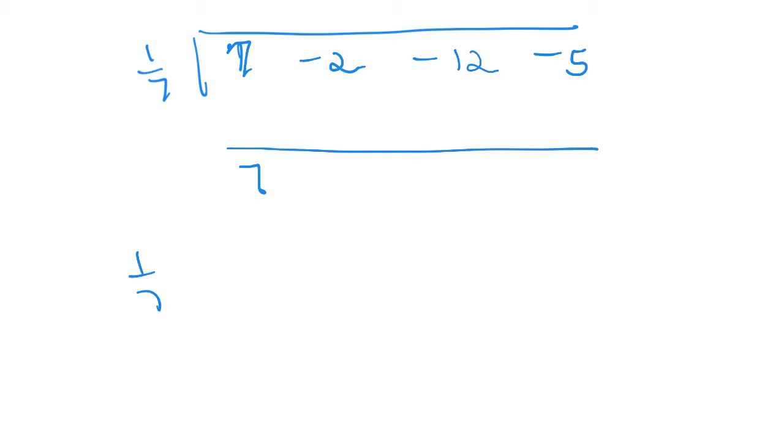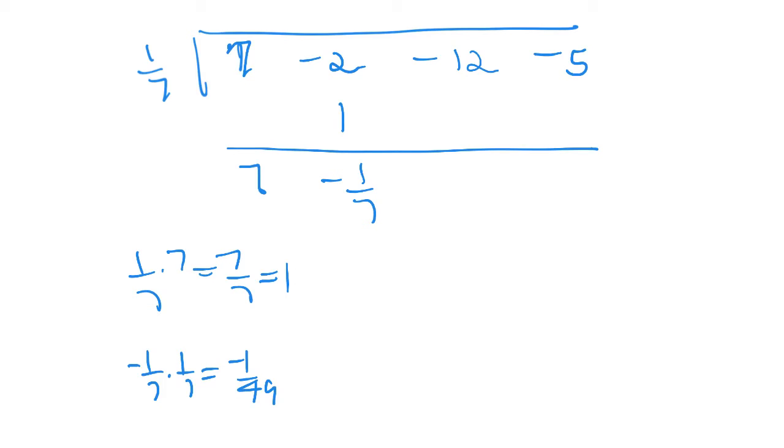So 1/7 of 7 is the same as taking 7 and dividing by 7, which is 1. We add those, we get negative 1/7. And then we take negative 1/7 times 1/7. It's negative 1 over 49. So I don't think that's going to work.